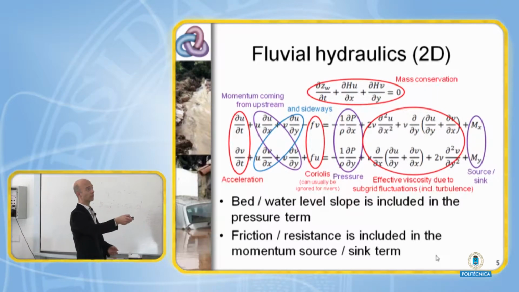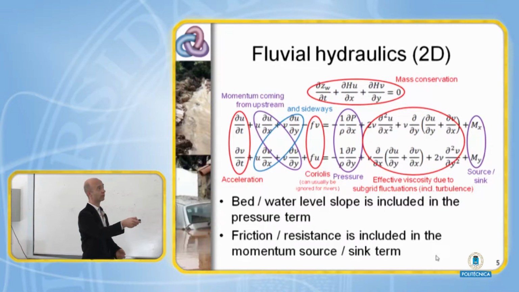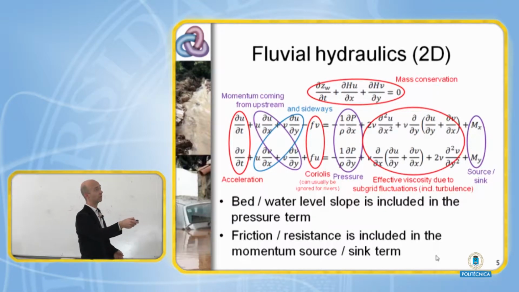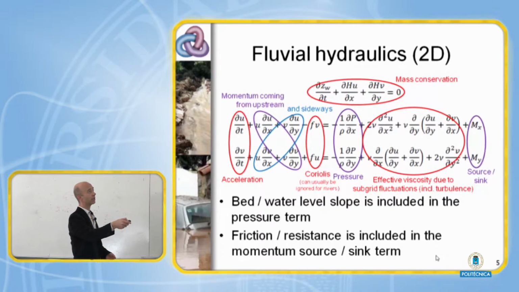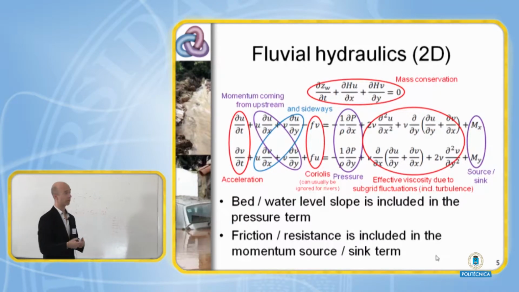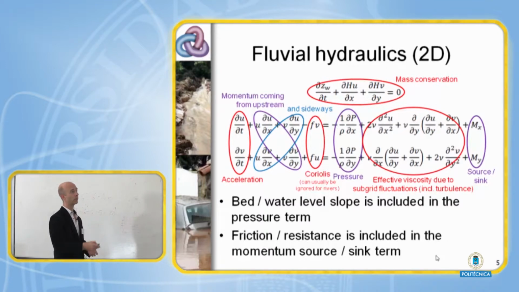Well, there should also be a source or sink for water, like rainfall and groundwater infiltration, in the mass balance, but you have a similar term over here for momentum, like friction and resistance is included in that one.